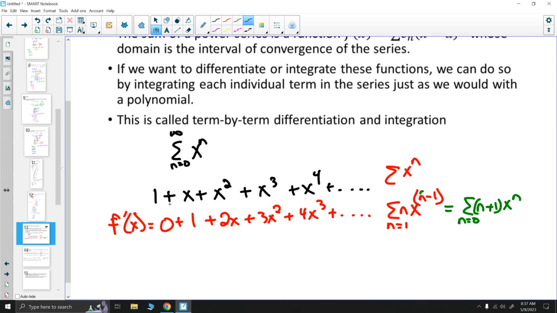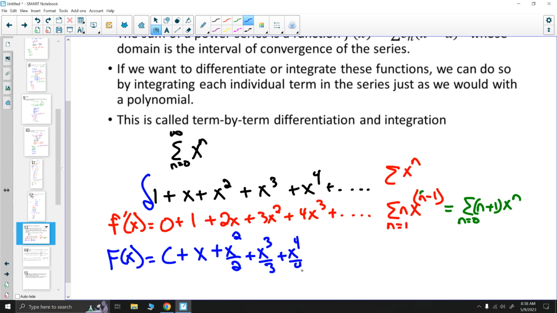Okay, now let's think about the integral now. So capital F of x. Well, if we integrate this thing, first of all, if you remember, when we integrate a polynomial, or really anything for that matter, we need a plus c. So it's actually, and I'm going to put it in front, plus c here. Integral of 1 is x, plus x squared over 2, plus x cubed over 3, plus x to the 4th over 4.